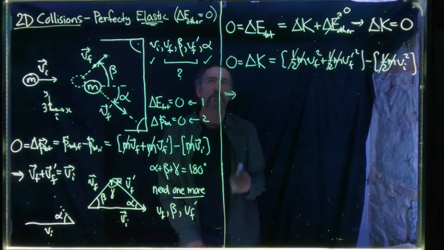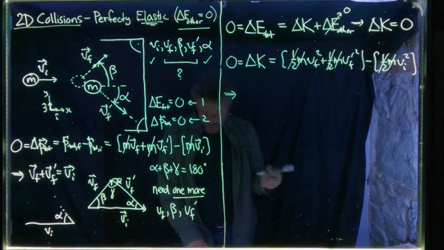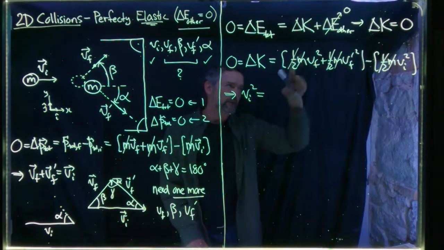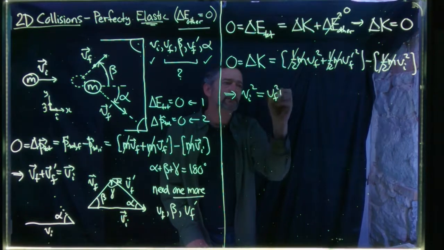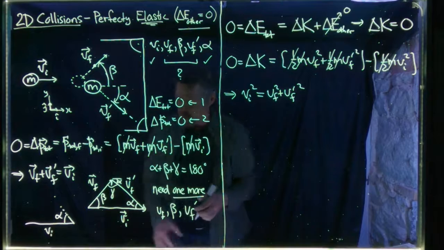Conservation of energy in this case, with this additional condition, tells us that V initial squared is equal to V final squared plus V final prime squared.